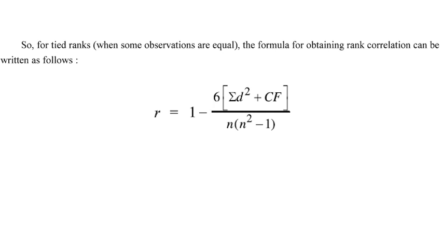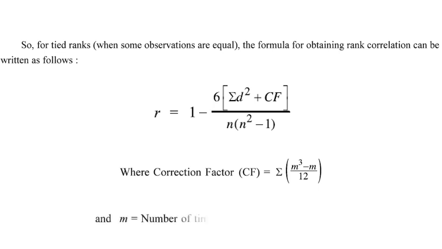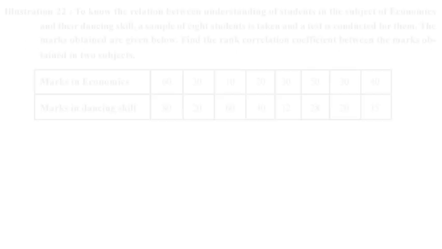Remember that if you make a mistake here, your answer will be wrong. Here CF is the sum of whatever number of ties are there. Find CF for each and every tie individually and then make a total. So summation m cube minus m upon 12, where m is the number of observations.